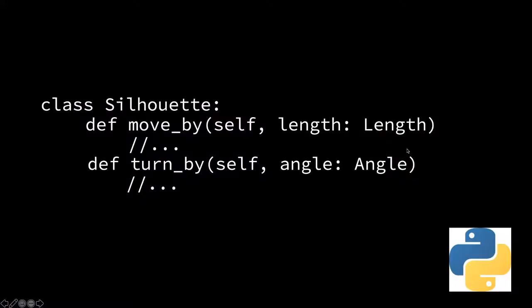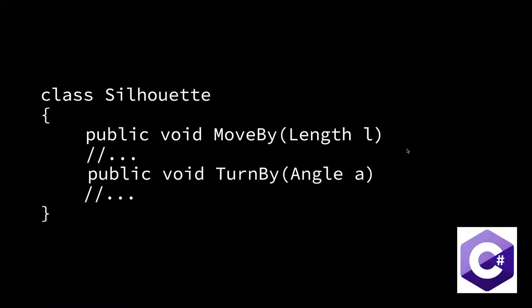That's something else when we're doing this here. Move by, turn by, the silhouette class now can check, are the prerequisites of move by and turn by matched, and only if they are matched, then we move on, and else we throw an exception or something like that. So this model here expresses in a better way and is safer than that model here.